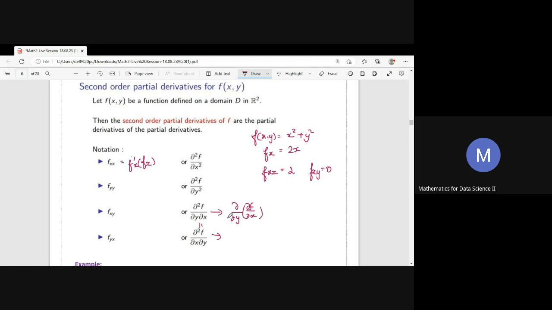First you find the partial derivative of f with respect to x, and then the derivative of this new function with respect to y. And here you take the partial derivative with respect to y first, and then with respect to x.